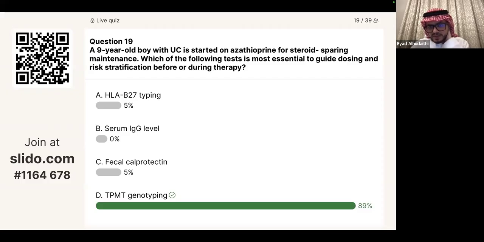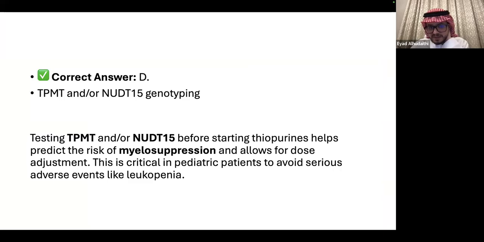You don't want to end up with a hetero or homozygous TPMT deficiency. So testing TPMT before starting thiopurine helps predict the risk of myelosuppression and allows for dose adjustment. This is critical in pediatric patients to avoid serious adverse events like leukopenia.